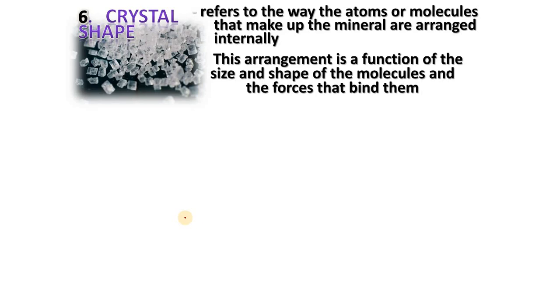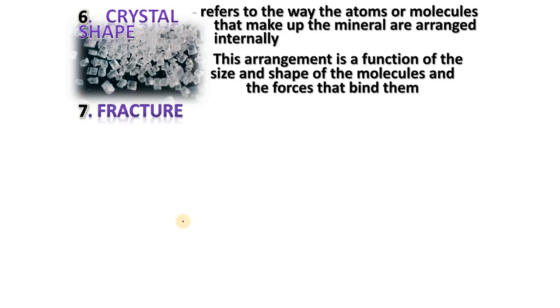There are minerals whose atoms are arranged in a tetrahedral shape, others in a pyramid shape, others spherical, and others irregular. We will not deal with the details of that.